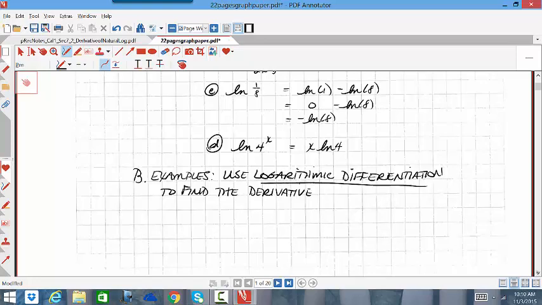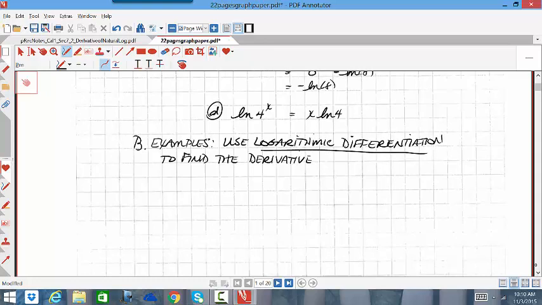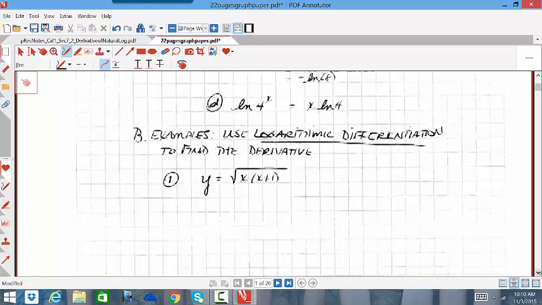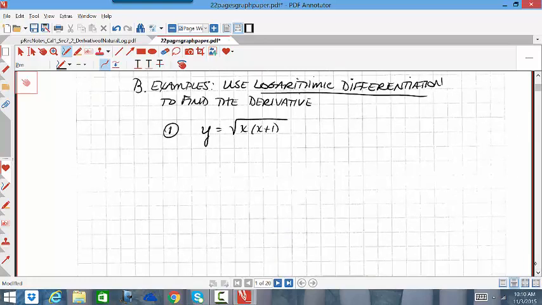Suppose we have example 1, where it says y equals the square root of x times (x plus 1). Sometimes it's hard to take the derivative, and so we use logarithms to take the derivative. So this time we're going to use logarithmic differentiation. We begin by taking the natural log of each side of this equation.